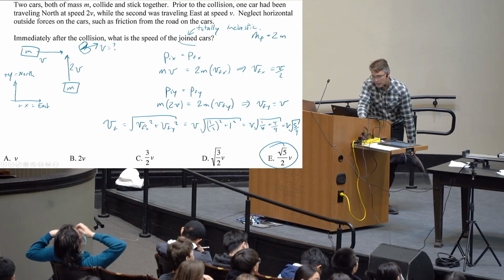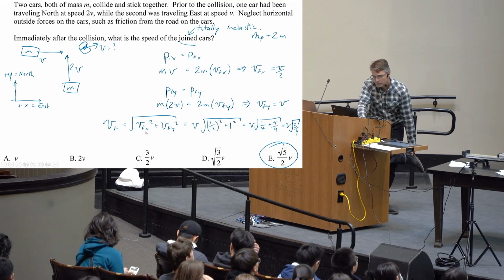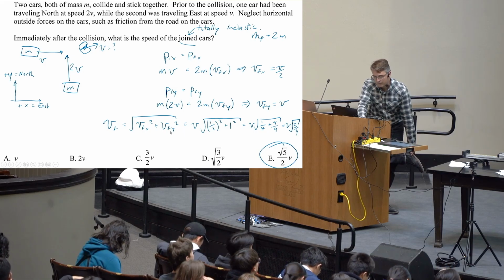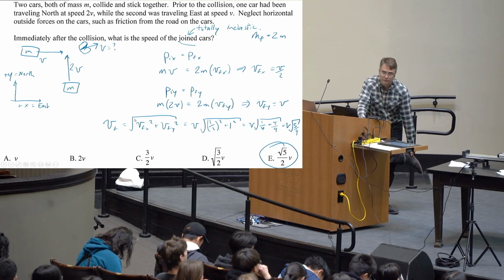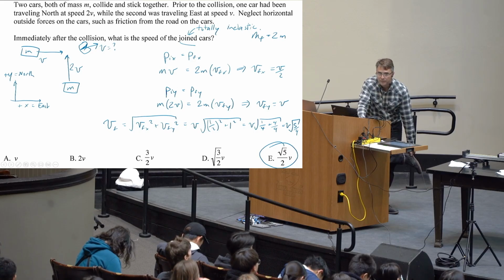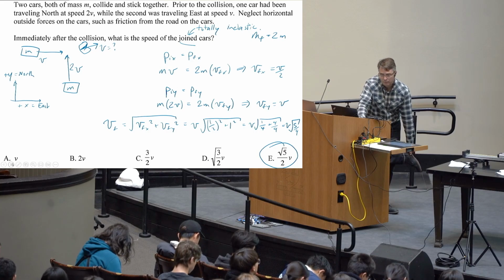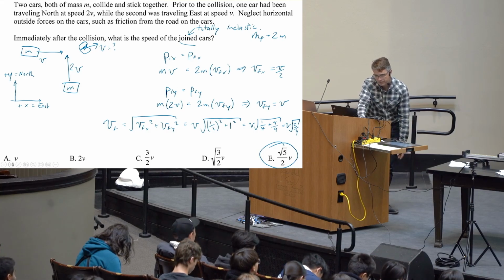So this was v final x is v over 2 squared plus v squared. So there was a v squared over 4 and a v squared here. So I pulled out the square root of v squared and got the v. Kind of skipped a couple of steps there. Okay? Yeah, it's good to check my algebra on these things.